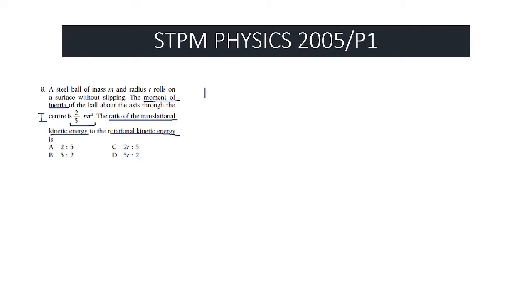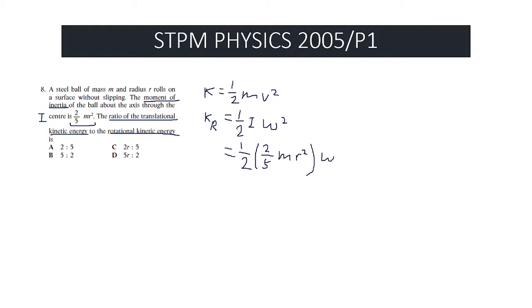So the translational kinetic energy is given by 1 over 2 mv squared, and rotational kinetic energy is given by 1 over 2 I omega squared. So now we substitute this 2 over 5 mr squared into the moment of inertia I. We will get 2 over 5 mr squared and omega squared.